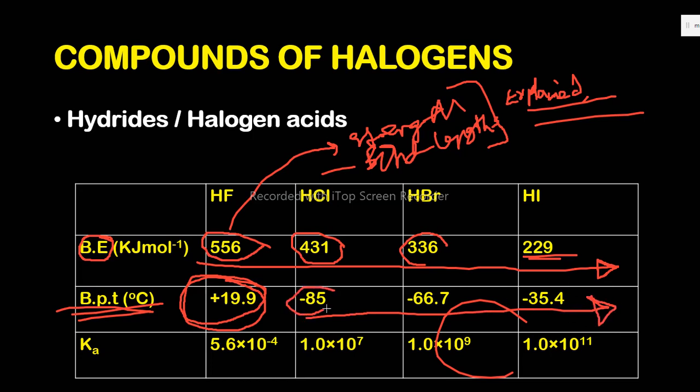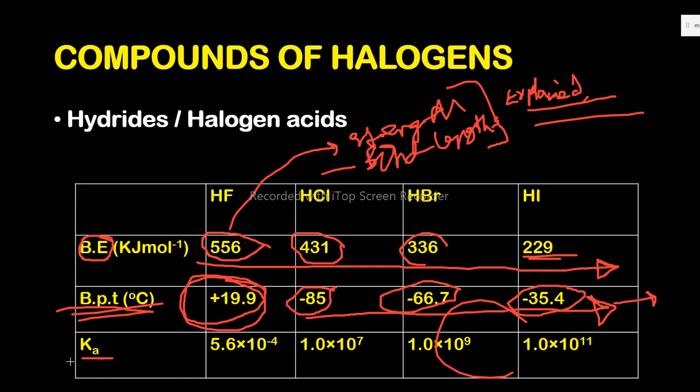From negative 85 to negative 66, that's an increase. Then to negative 35, that is also another increase. There is an increase in the boiling point. So somebody also should be able to explain that.